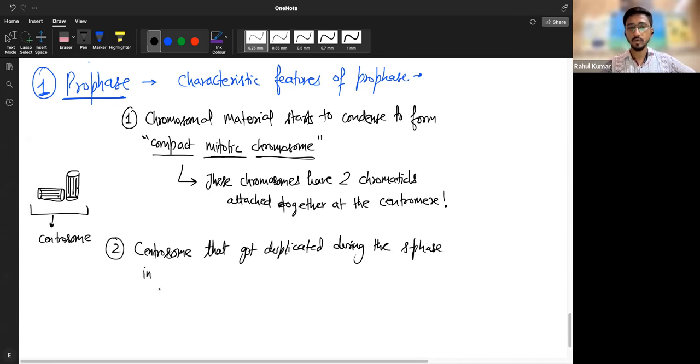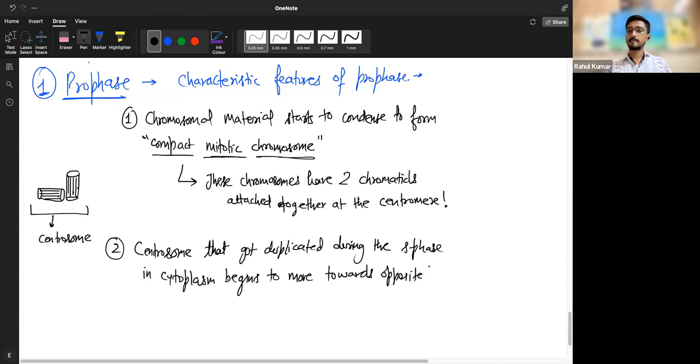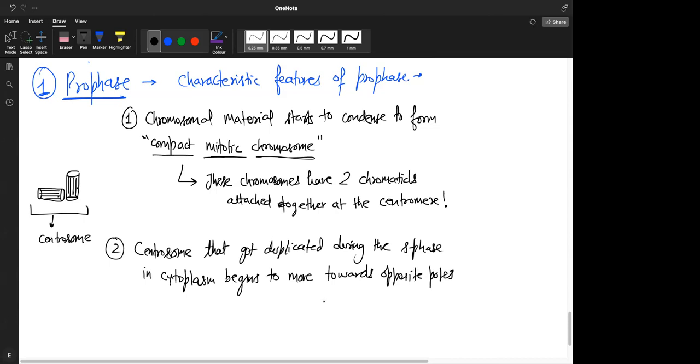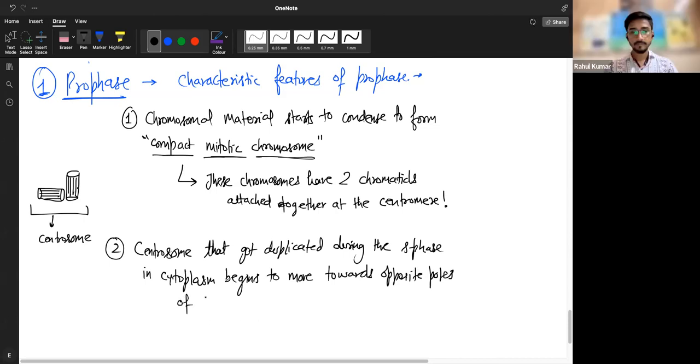Here you have used the word nucleoplasm, here you have to use cytoplasm. Begins to move towards opposite poles. Remember? Yes or no? Towards opposite poles of the cell.